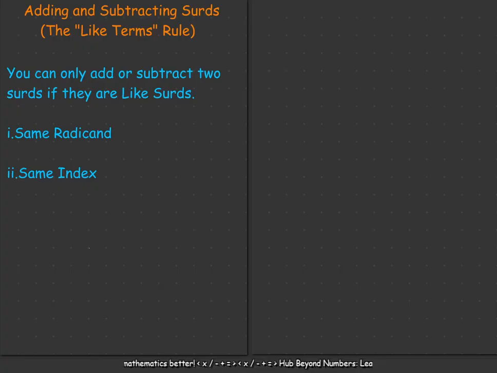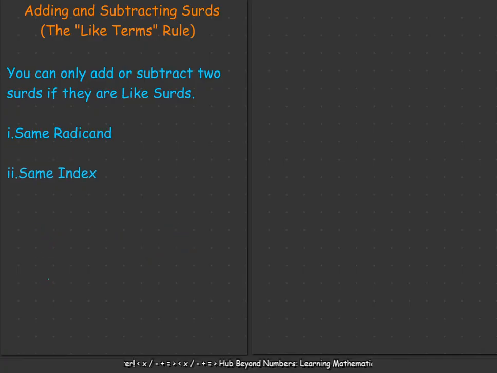In our first lesson, we learned what the radicand is. So if you want to add or subtract two surds, the same radicand simply means that if it is the square root of 2, you can only add it to another square root of 2. You see, we have square root of 2 here, and square root of 2 here. That means we can add them.